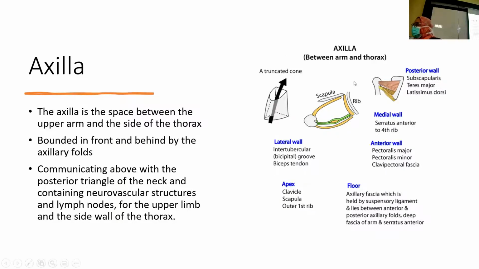We'll start with the anterior wall. The anterior wall is the pectoralis major, pectoralis minor, and also the clavipectoral fascia. The posterior wall is made up of subscapularis, teres major, and latissimus dorsi, and this is actually the floor of your axilla.